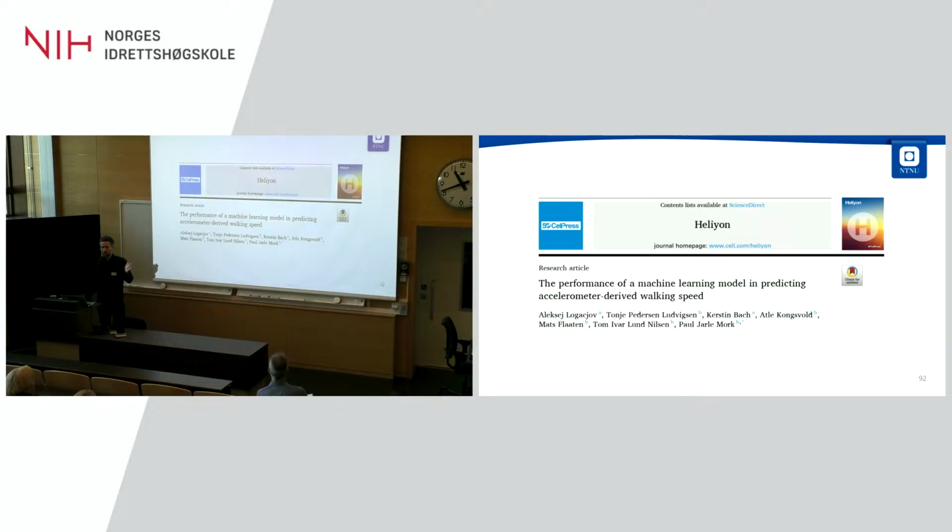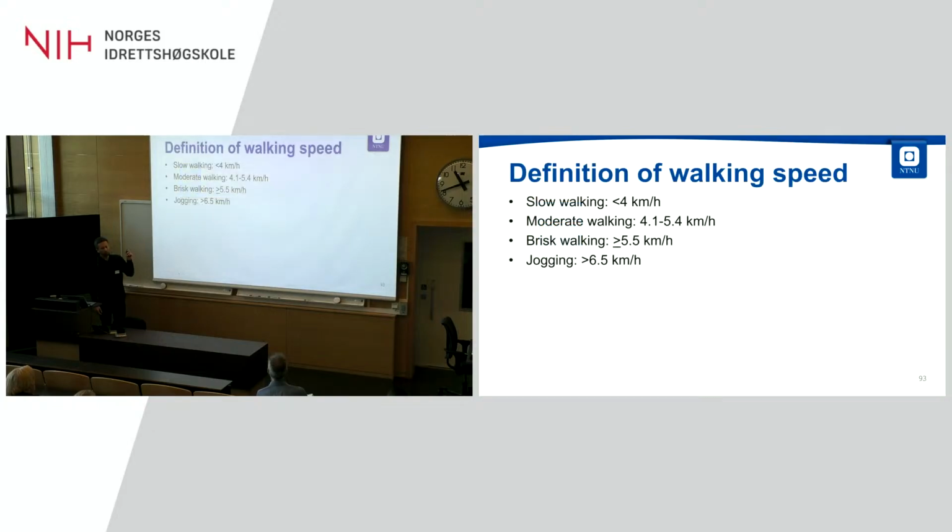We wanted to expand on this, because we don't have any information about intensity, we wanted to get at least closer to that. We wanted to include walking speed. So we defined 3 different walking speeds: slow walking, moderate, and brisk walking.